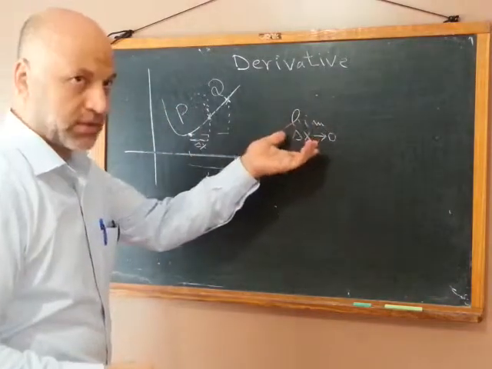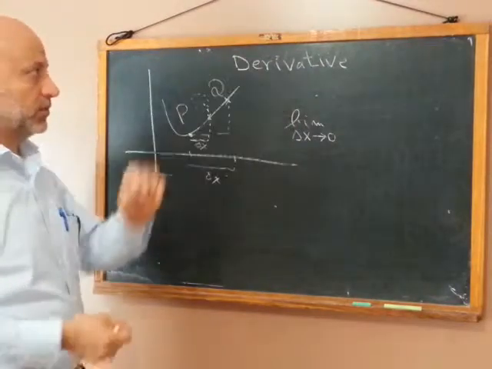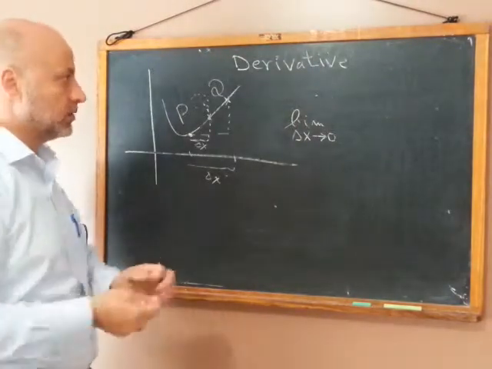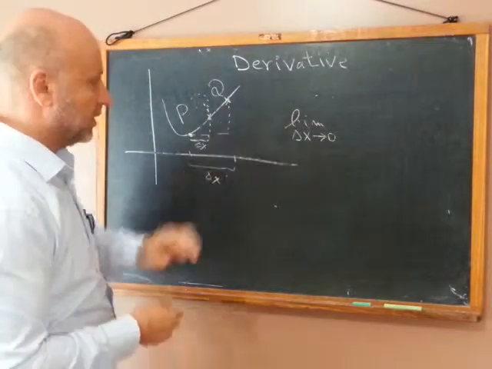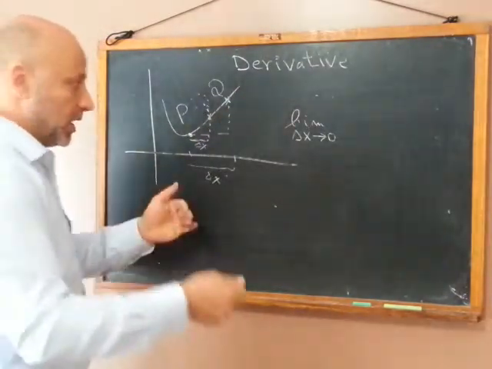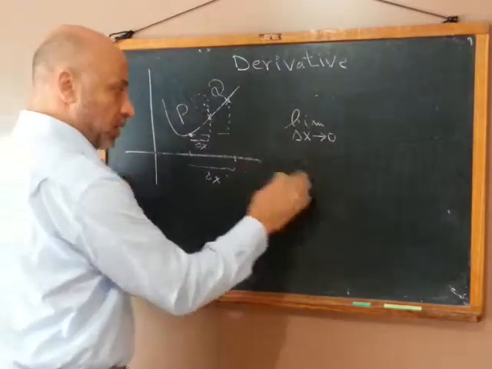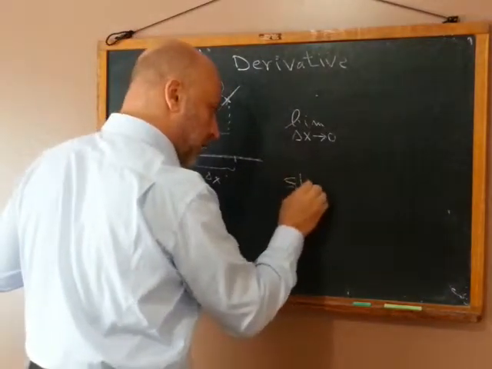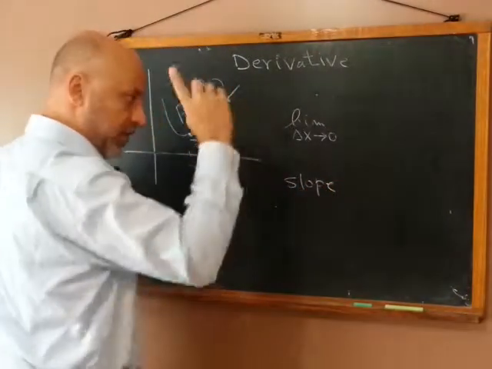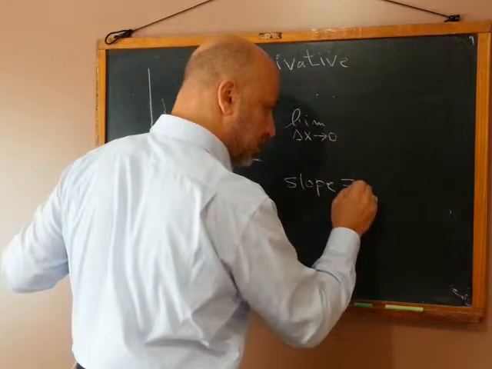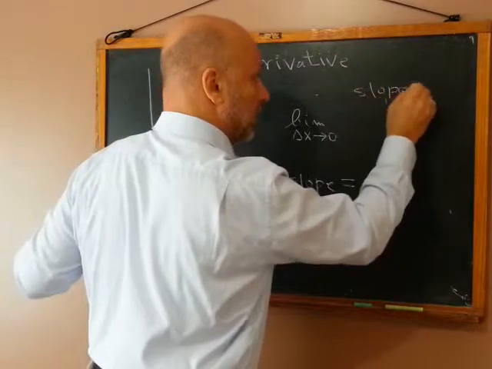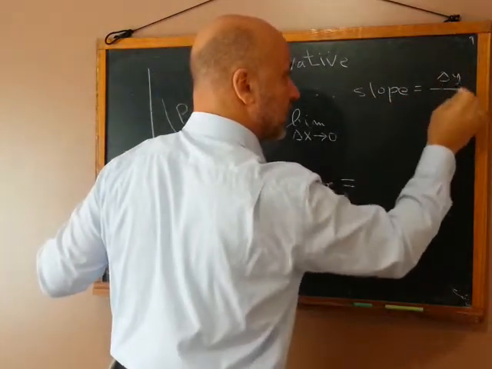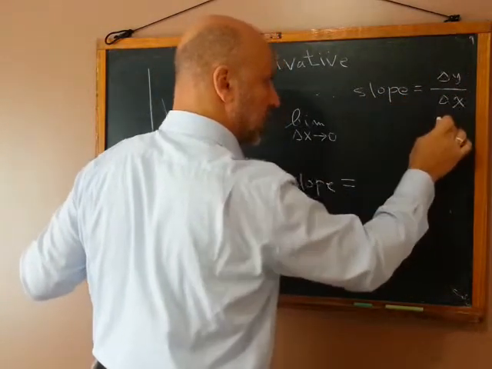Of course, we need to study the concept of limit first, and then we come to the derivative. So I assume my students understand at least the fundamentals of the limit. Now our goal is the slope. In the regular way, in the previous case, the slope equals delta y over delta x, right?